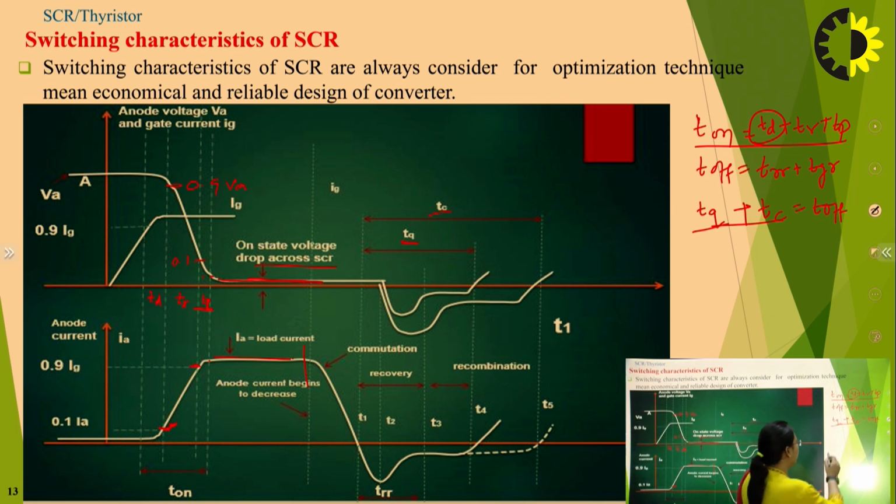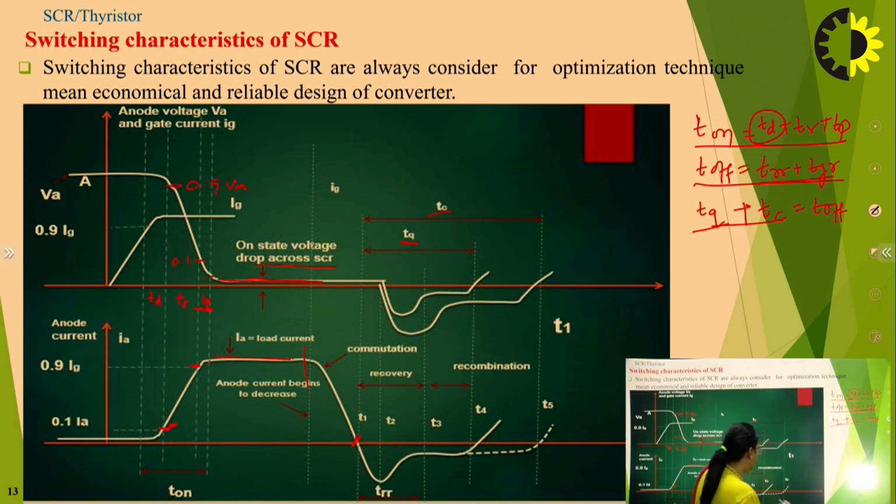Now the turn off time starts from the time when the anode current reaches the value 0, right? During the turn off time, which is divided into TRR and TGR, the excess carriers from all the 4 layers of the SCR are removed, right?